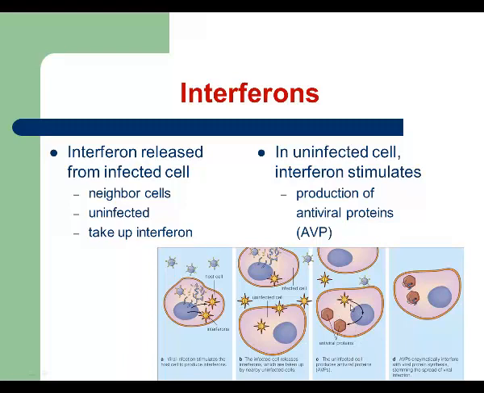So basically, if this cell gets infected by the same virus, it has already produced antiviral proteins and they will interfere with viral protein synthesis. That means that cell will not be converted into a provirus. That means the replication of that particular virus will be stopped over here.